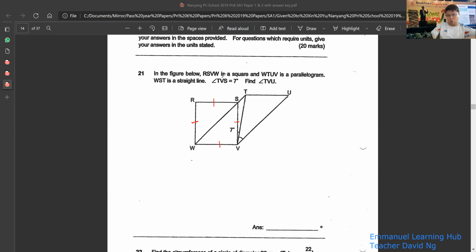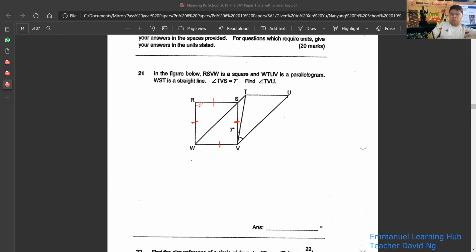So in order for you not to forget that this is an isosceles triangle, I suggest when you read the question, if they tell you RSVW is a square, don't just read it as a square and full stop. If you know that it's a square, please indicate the necessary information in the diagram. Understand?